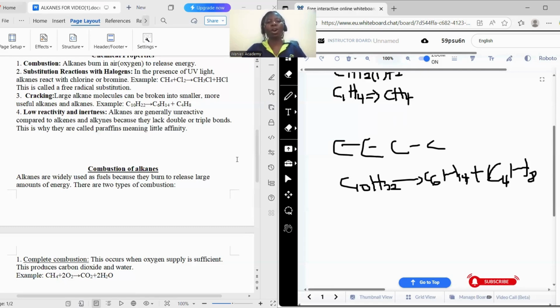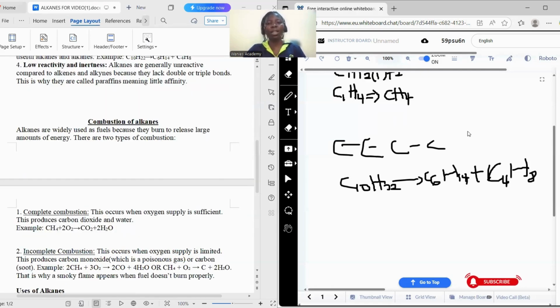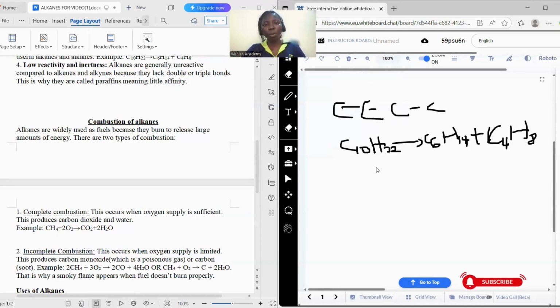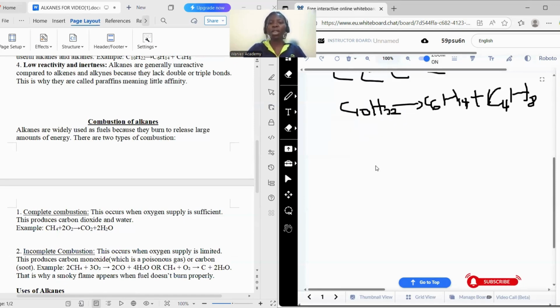Now let's look at the combustion of alkanes. Like we said under the chemical properties, alkanes are widely used as fuels because they burn to release large amounts of energy. Now we have two types of combustion. We have the complete combustion and the incomplete combustion. The complete combustion occurs when there is a sufficient supply of oxygen.